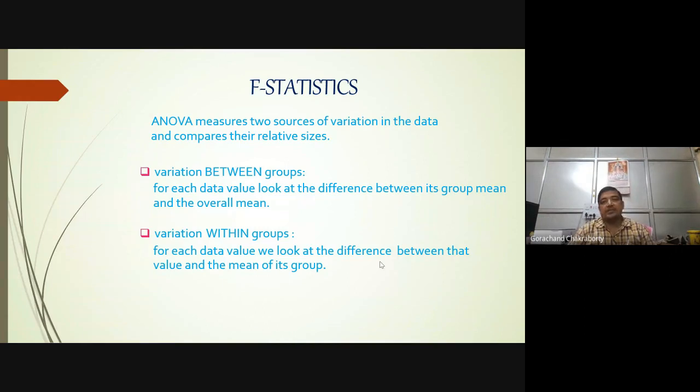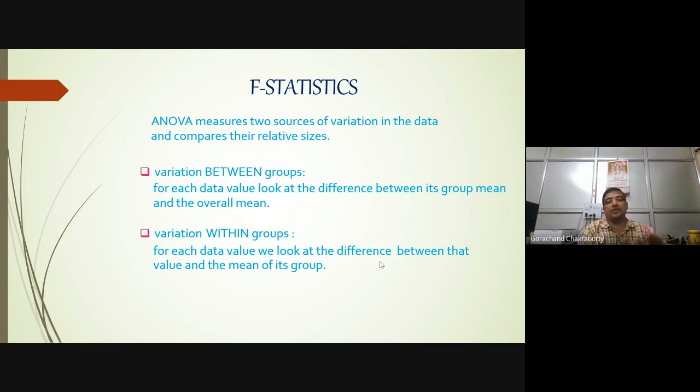Now, what is F statistics? For this topic, statistics is very important, so we have to know the tools of statistics like the F-test and T-test. ANOVA measures two sources of variation in the data and compares their relative sizes: variation between groups and variation within groups.